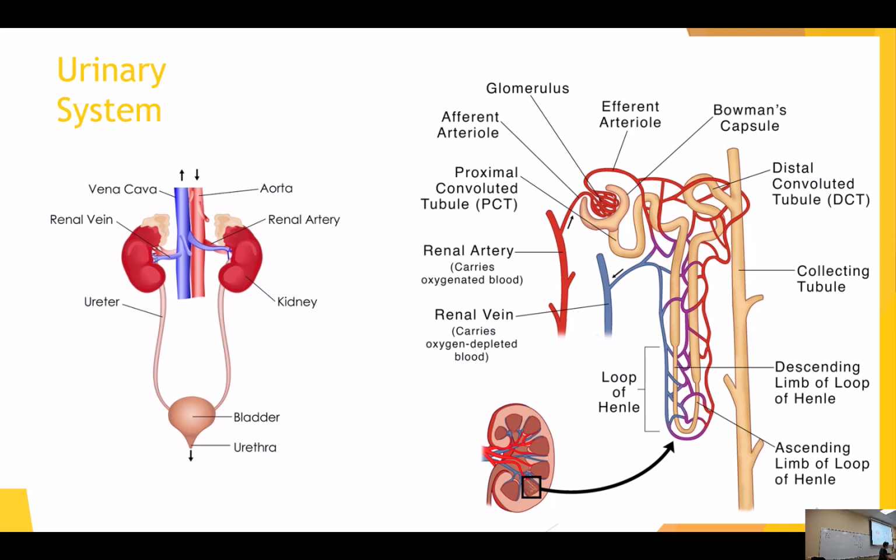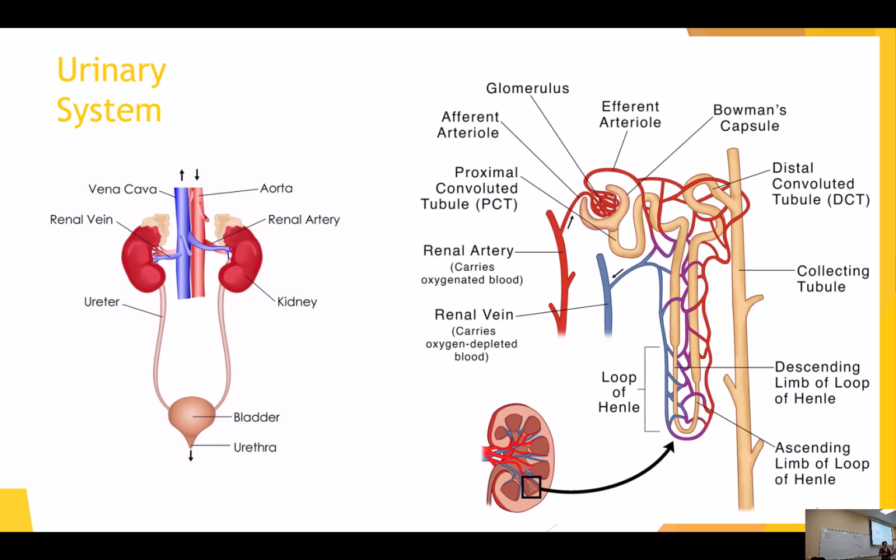The next part is going to be this proximal convoluted tubule. Proximal is the first, distal is the end, okay? One way to keep it straight. In the proximal convoluted tubule, the primary function is to reabsorb. The body's like, just kidding, I need that back. And it's going to start pulling back all those things that got through the glomerulus: sugars, ions, all the sodium, potassium balances.